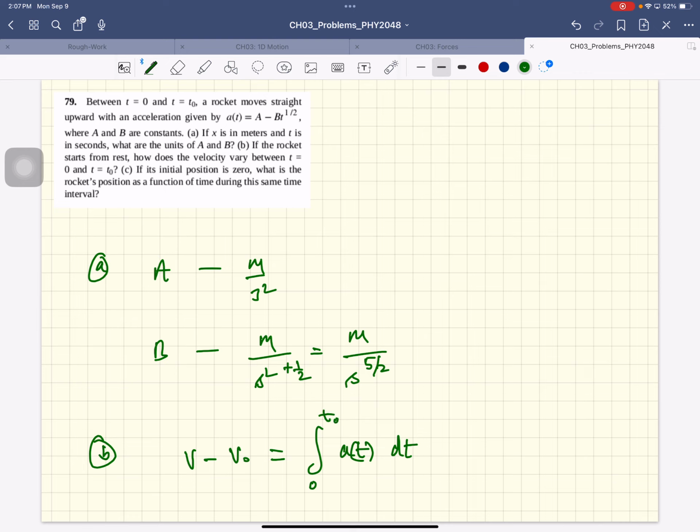This is velocity at t naught minus velocity at 0. It starts from rest, so this is 0. So essentially you're getting velocity as a function of time by doing that integral. So let's do that integral.